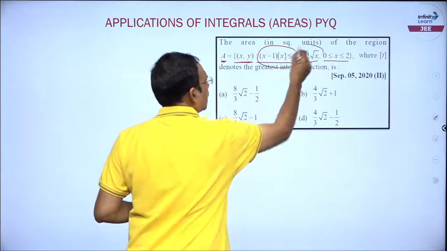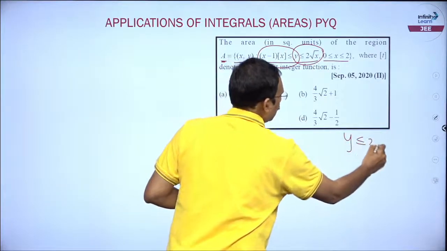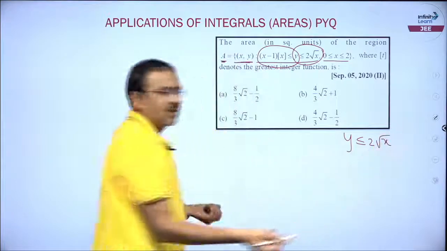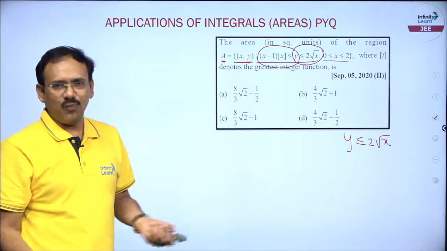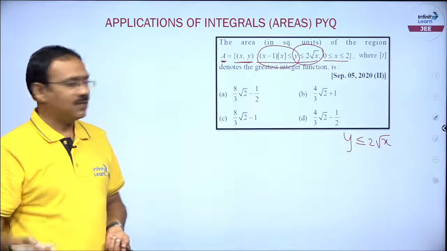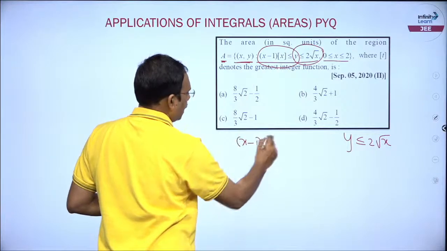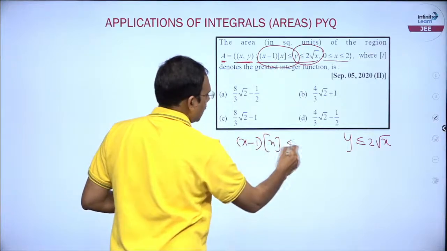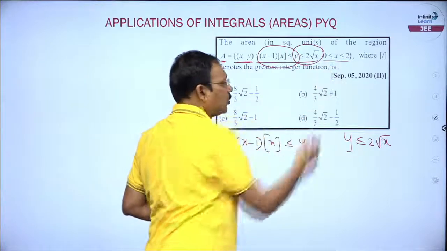Two inequations are there. The first one is y less than or equal to 2 root x. This is very clear, this is almost y square less than or equal to 4x, a parabola part. The second part is x minus 1 into step x less than or equal to y, whereas x is going from 0 to 2.